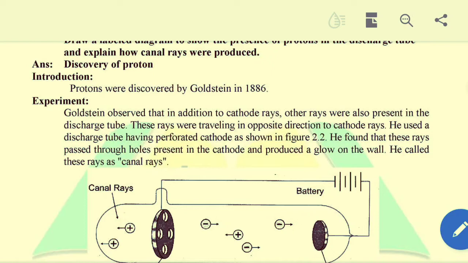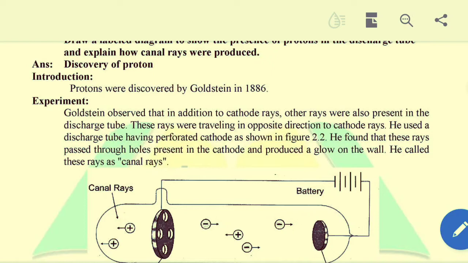For example, cathode rays move from cathode to anode, negative, but he observed that some other rays are also produced which move in the opposite direction, from anode towards the cathode.